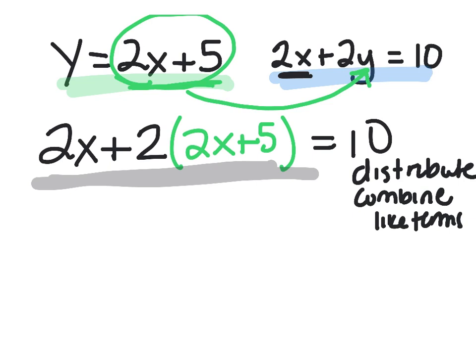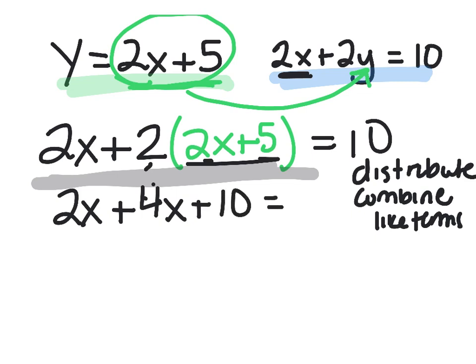So in this case, our like terms are going to have x's and then numbers. Those are the two different like terms we have here. We'll talk about that in a second. So first we're going to distribute. And this 2x isn't attached to anything, but this 2, there's two 2x plus 5s, so we're going to have 4 x's, and 2 times 5 is 10, and that equals 10.